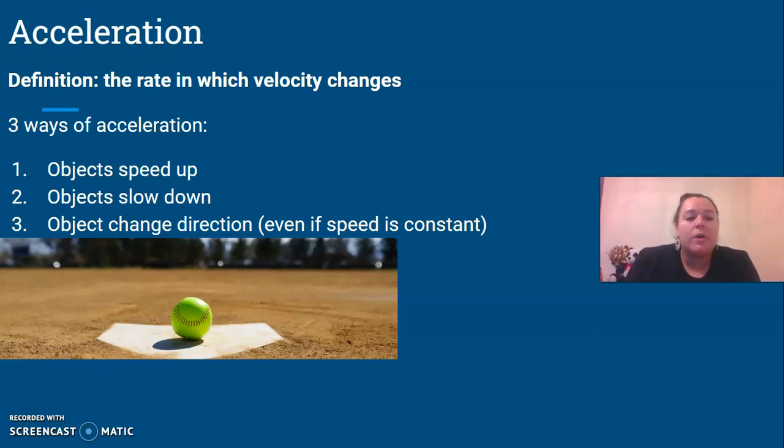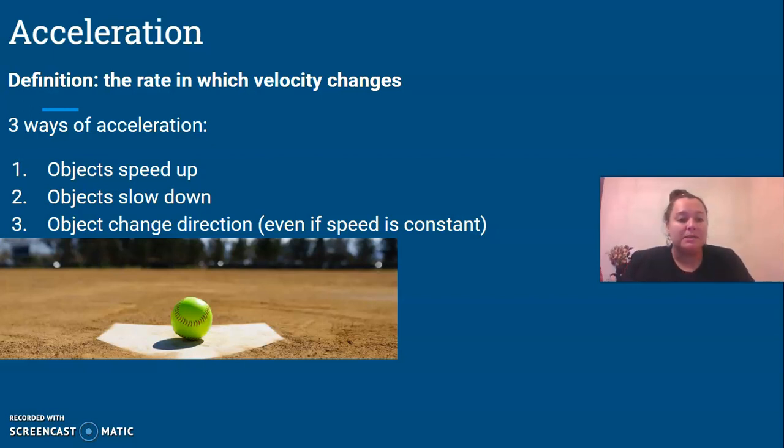And then the third one, even if your speed is constant, if you change your direction and make a turn, technically you're changing your velocity because you're changing your direction. So that is a type of acceleration as well. So these are three ways that objects accelerate.